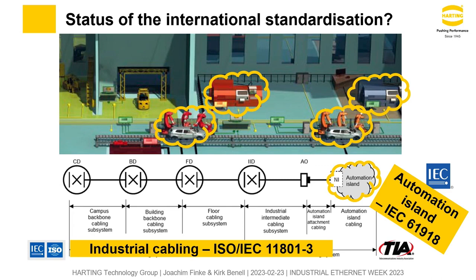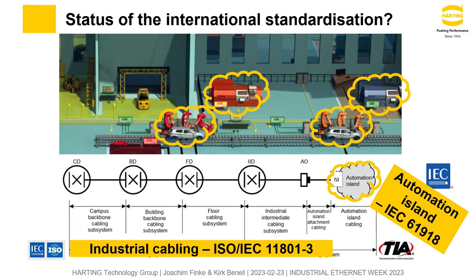And inside this factory hall, you have this installation of your network for the machines and so on. And for this installation, the ISO IEC 11801-3 for the industrial cabling is the right document. And this describes everything from the data center inside your factory to the outlet inside your installation.